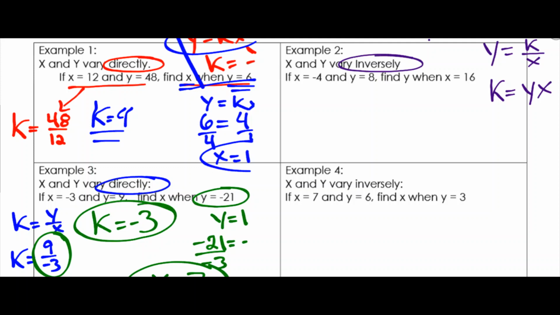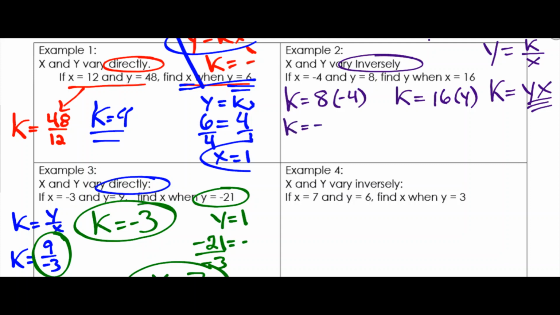Because if I know that it's inverse, I know that I'm multiplying y times x to give me k. So I know I'm multiplying 8 times negative 4 and 16 times some y value, and I'm going to get the same number. So I can actually put these two together.